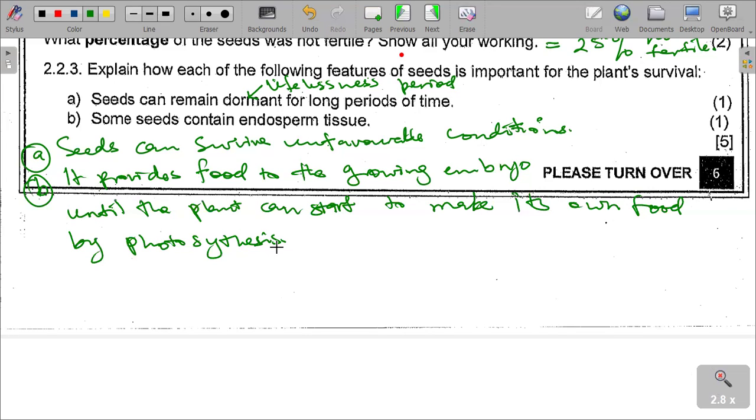So it ensures provision of food to the growing embryo until the plant can start to make its own food by photosynthesis. So that is the advantage of having the endosperm tissue. And then we can go to the next question.